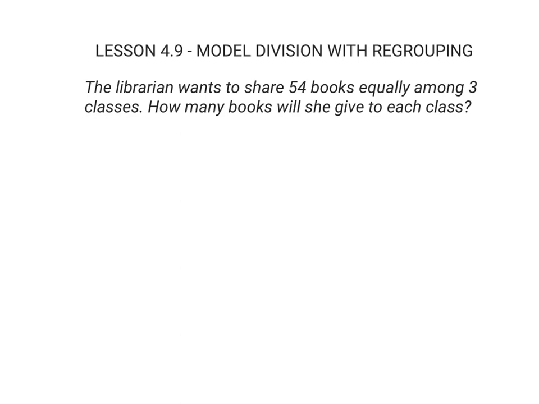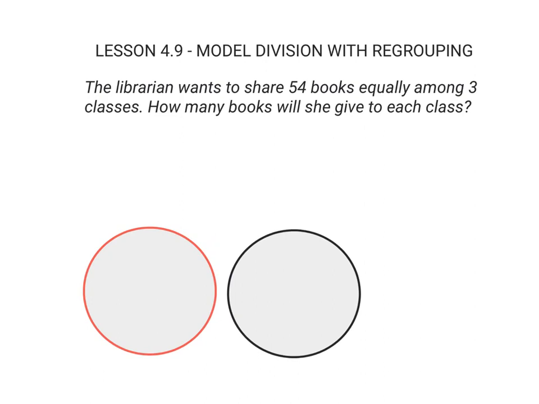All right, so first, let's draw our 3 classes. Here's class 1, class 2, and one more. There's our 3 classes. Now we have 54 books, and we're going to write it as 5 tens and 4 ones, because that is what 54 is.